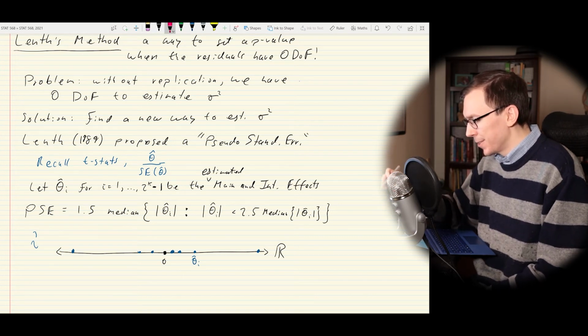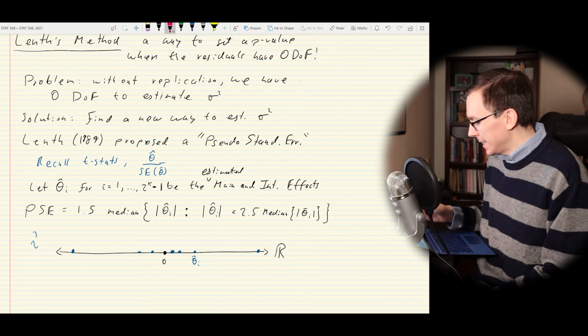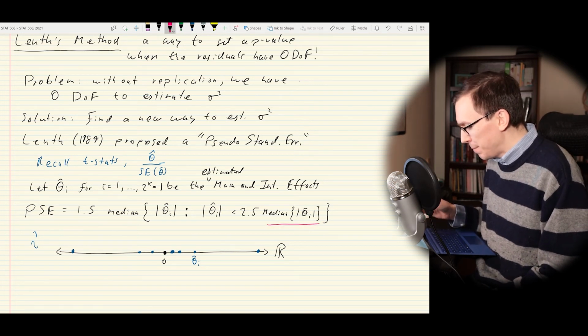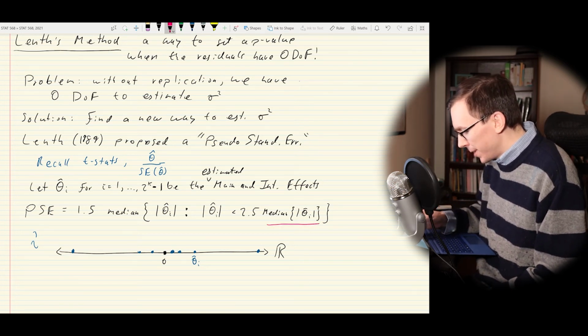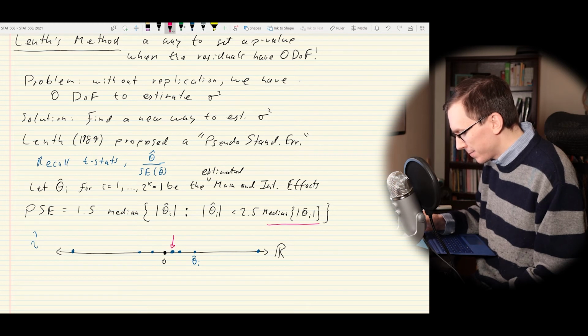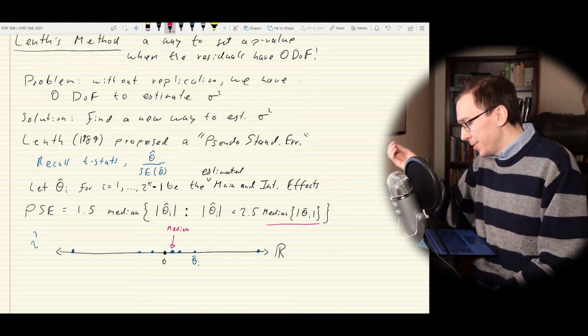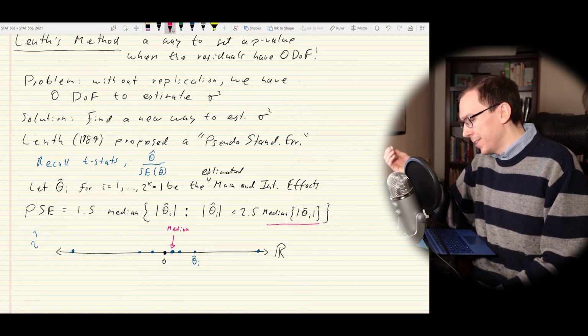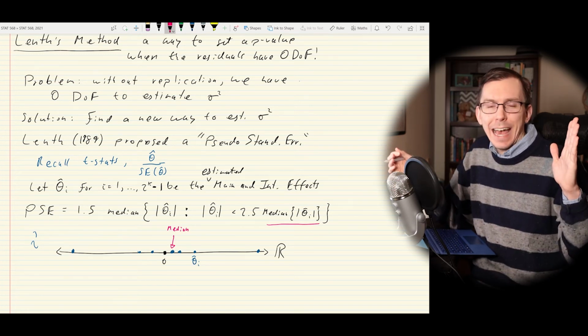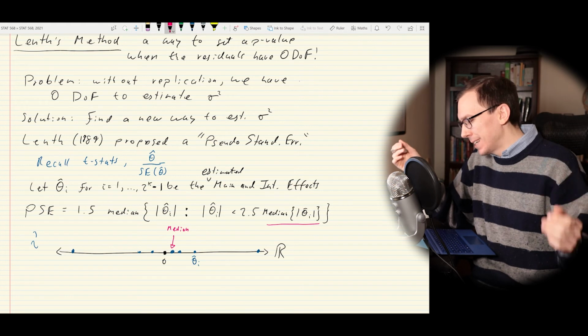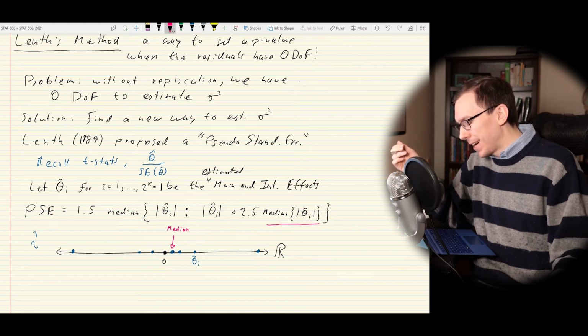Then the first thing I do is I start on the inside and I find the median. So the median is just the middle point. The median is here. Then what I do is in absolute value, I guess in this case, everything's happening on the positive real line because I should actually be doing this in absolute value.